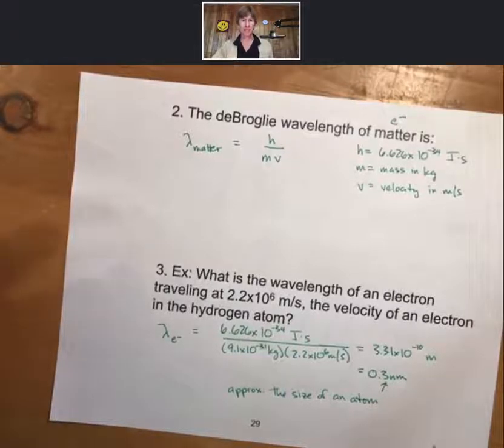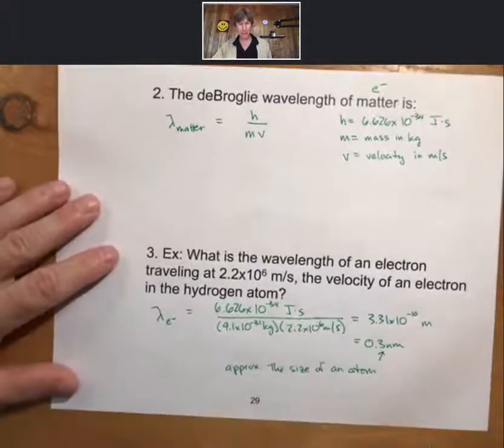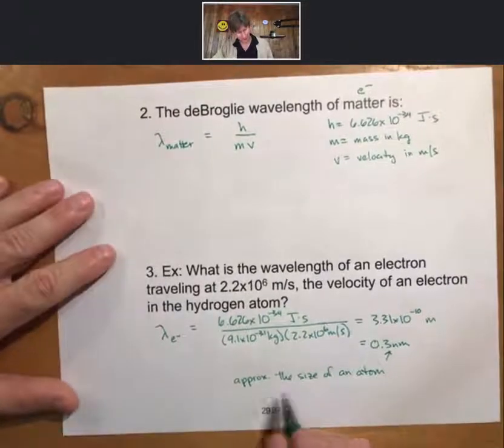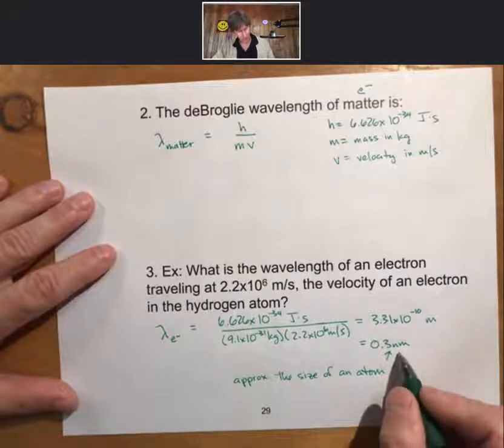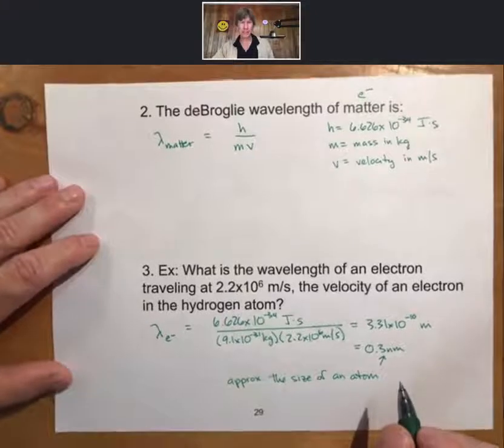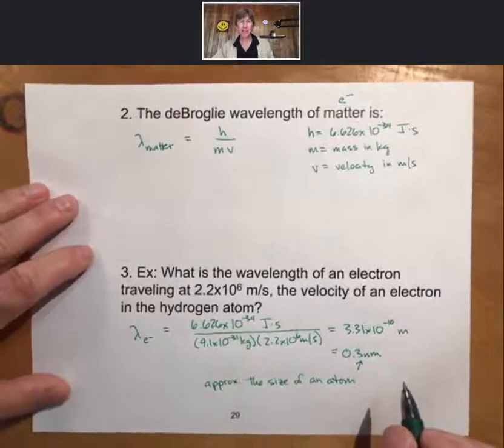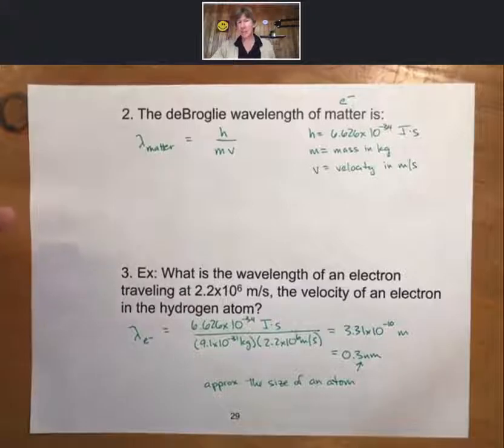The wave-like nature of the electron is important for an atom, and so the approximate size of an atom is 0.3 nanometers. That's going to mean that if you're talking about an atom, you can only talk about where the electron is in the atom in terms of probabilities. And so that's where we'll pick up on our next part of this lecture outline, is how do we understand electrons, where they are in atoms in terms of probabilities.